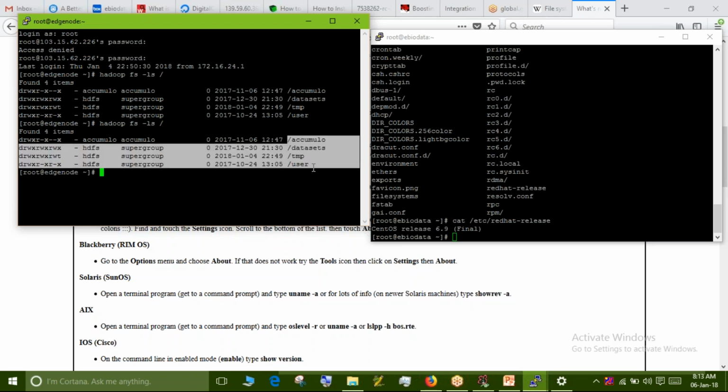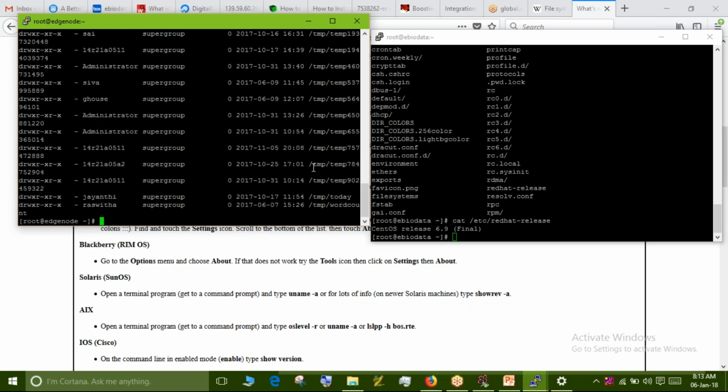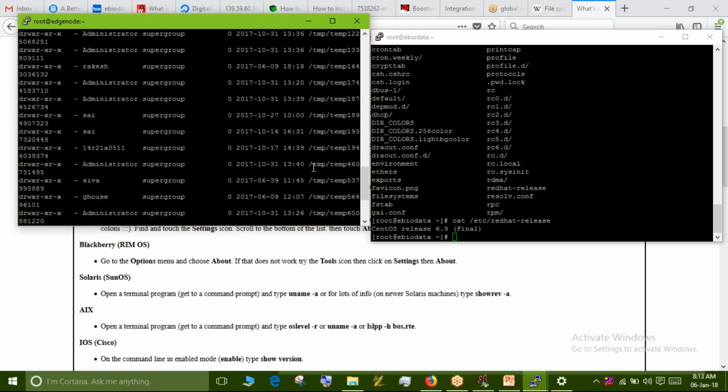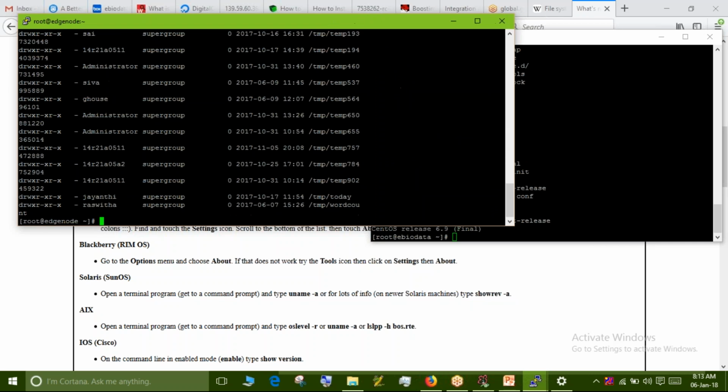Under root we have tmp, user, datasets, accumulo. All these are there under your root. You are getting my point? Hadoop fs -ls /tmp, if I give, then I should be able to see all these things. Under tmp I have all this stuff.